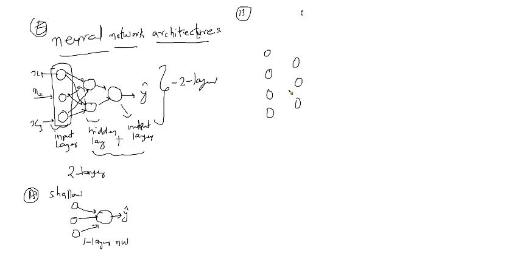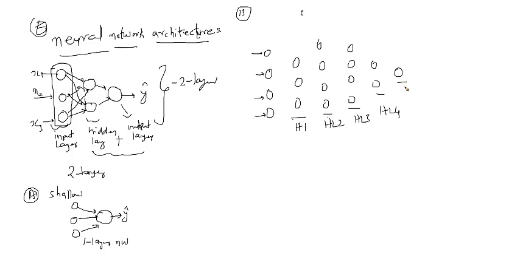These are the input layers, and then let's say hidden layer 1, HL2, hidden layer 3, hidden layer 4, and this is the output layer. So this one you can say 4 plus 1, a 5 layer network.